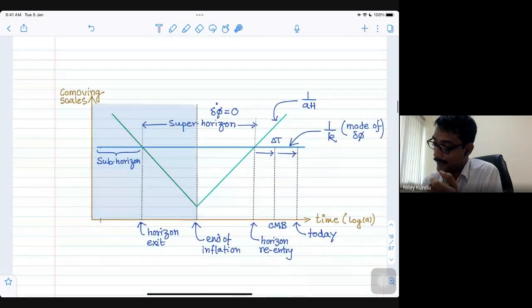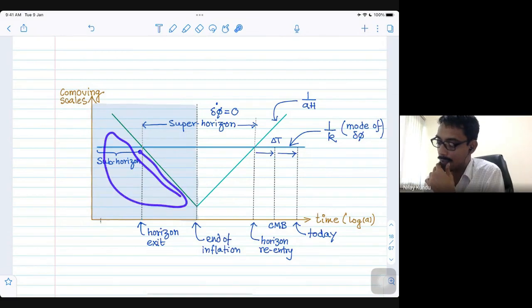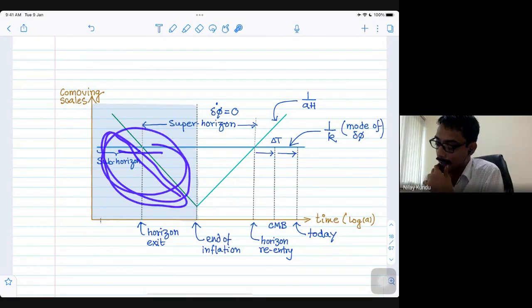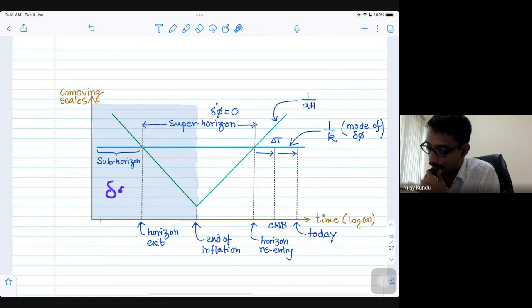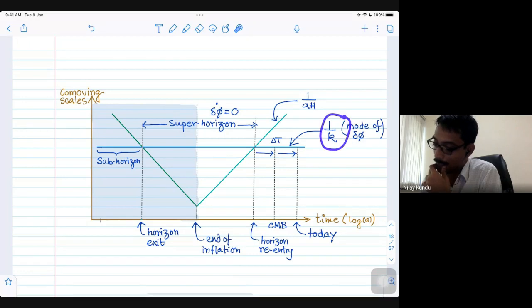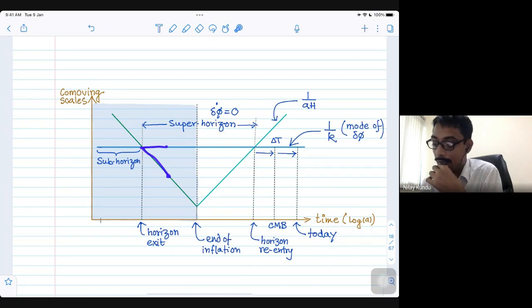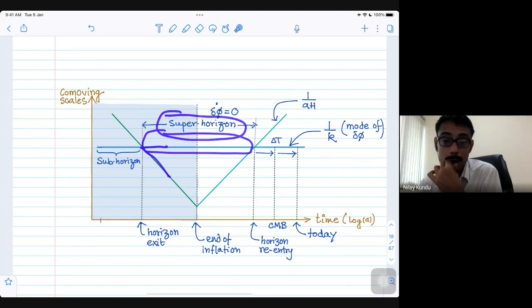Now let us come back to this figure again. This was the time when inflation was happening, and there were perturbations like delta phi, gamma ij, and zeta. They were all evolving with time. At this point, the 1 over k became larger than the 1 over aH, and this region is therefore called the super horizon part.